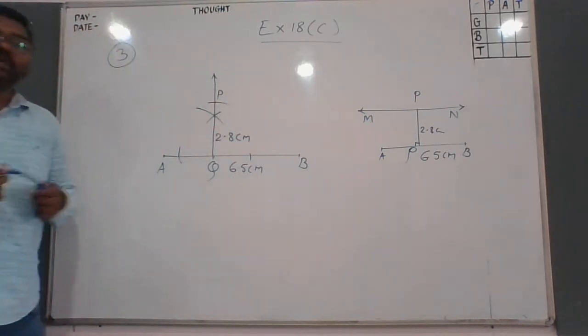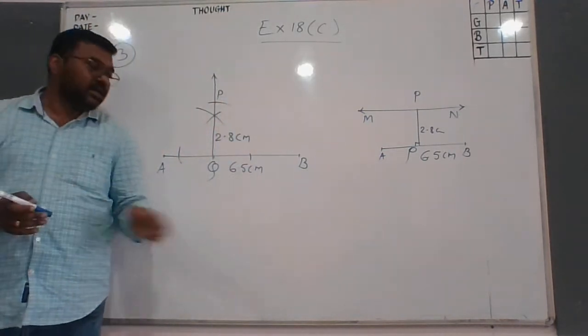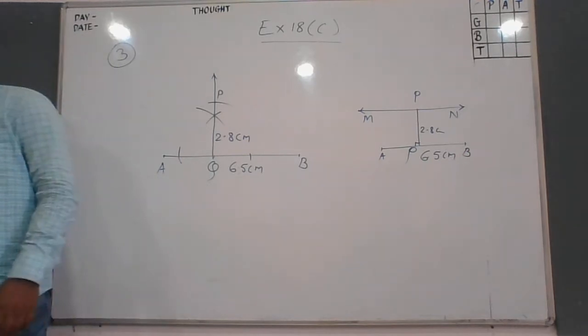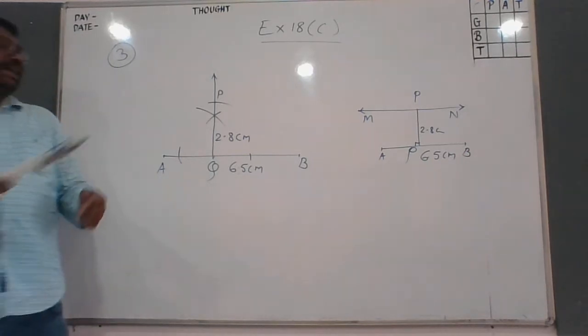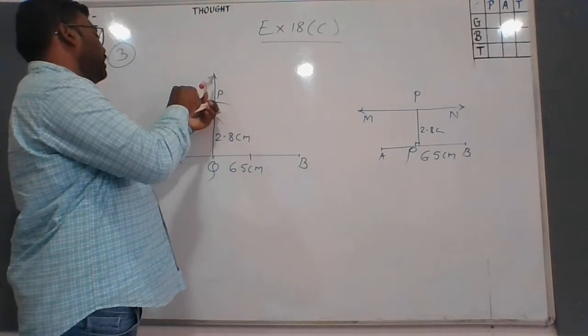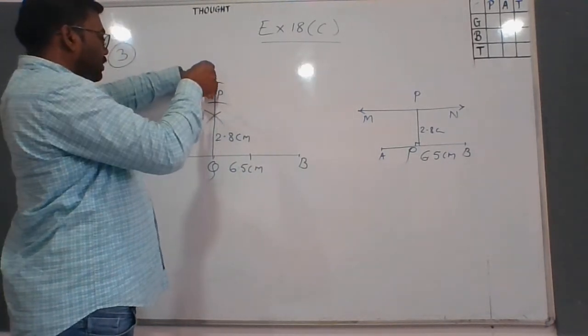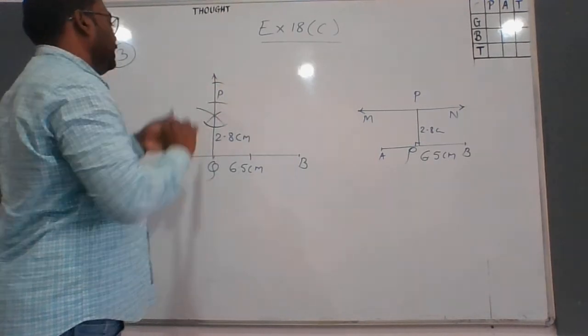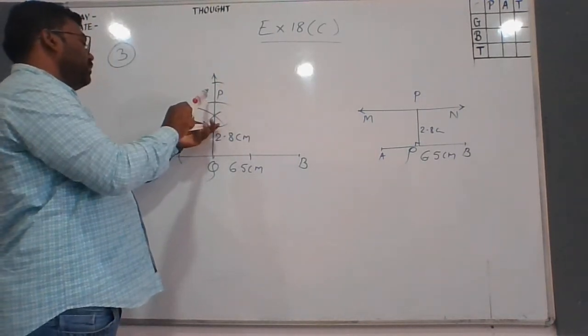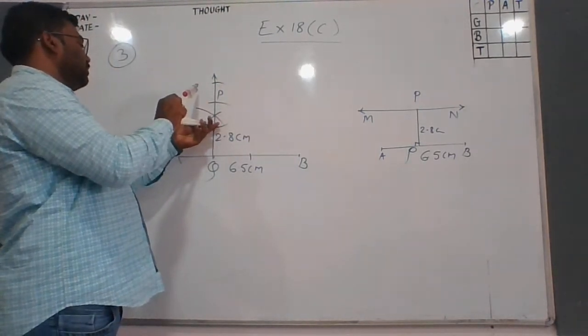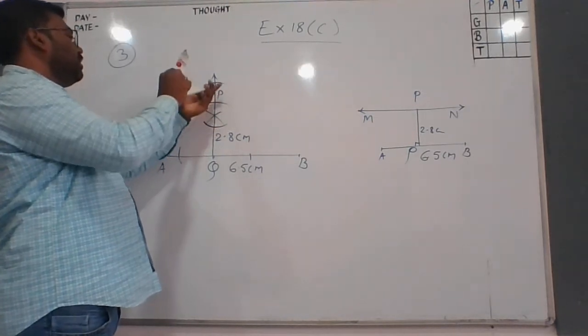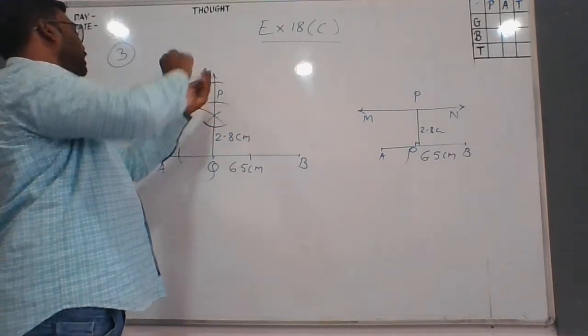Now from point P, we will draw the parallel line to the AB. So for that, put the pointer on P, cut the arc on the right side and also on the left side. Taking more than half of these two arcs, first arc, put it on P, cut the arc.